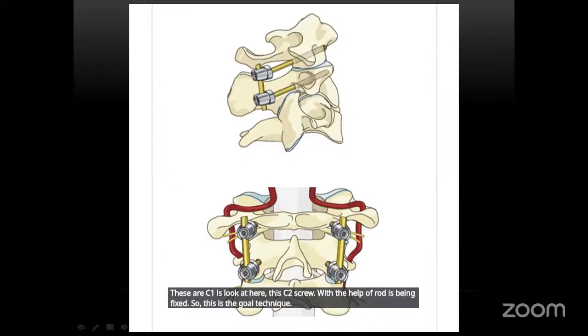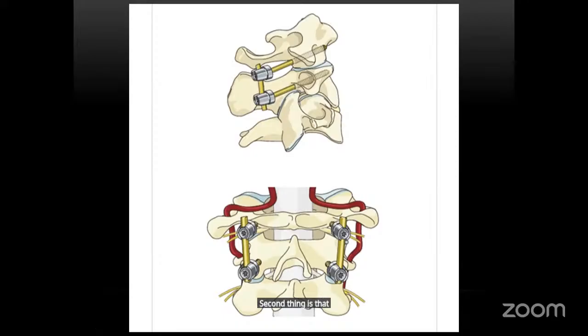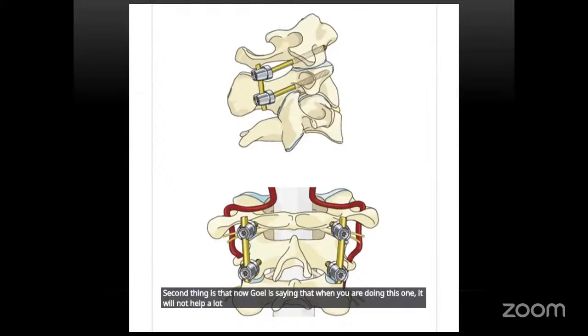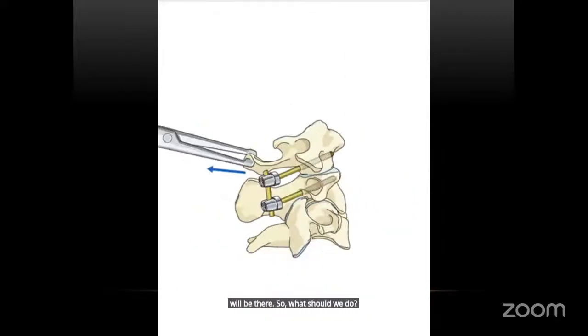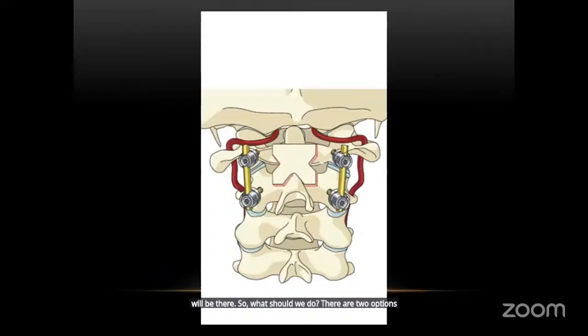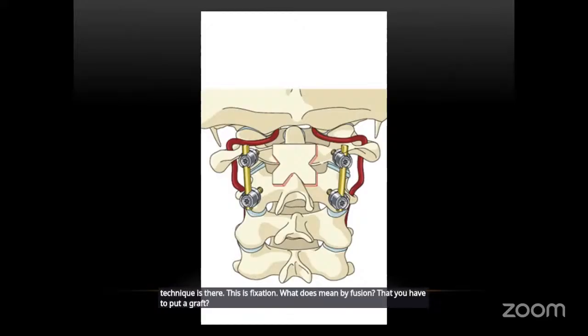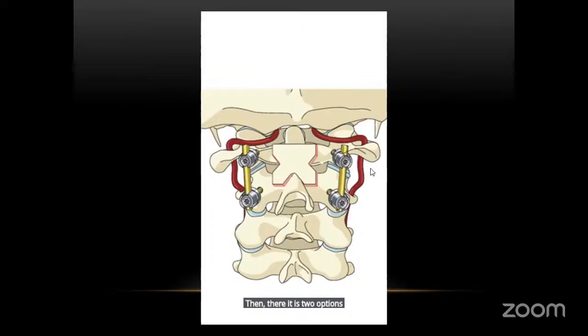Second thing is that Goel says that doing this alone will not help a lot because there will be restricted movement. So what should we do? There are two options. Now, the fusion technique is there. This is fixation. What does fusion mean? You have to put a graft. Goel has two options.